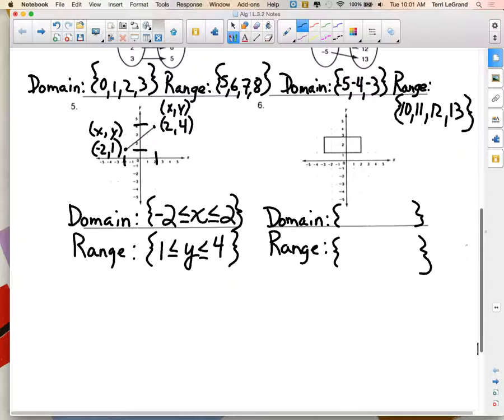What would be useful to do in this one? Find the ordered pairs. Which ordered pairs? At the corners, yeah. It'd be good to get the corners' ordered pair names, right? Wouldn't that be kind of useful?